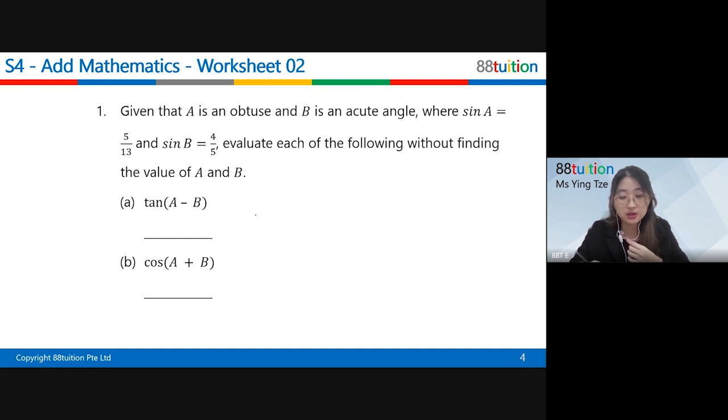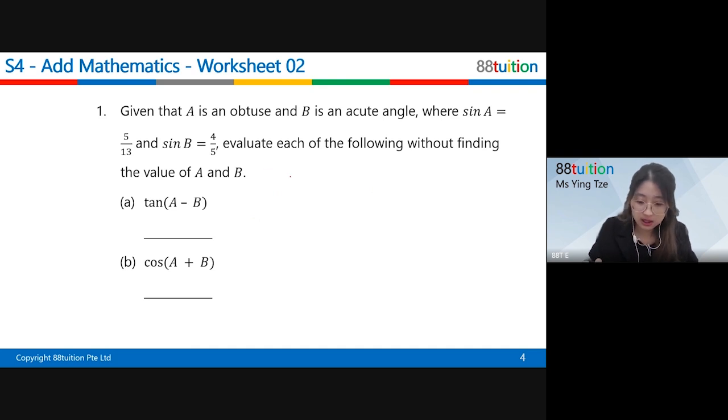Did you manage to solve? Okay, no problem. I will go through it also. Negative 0.01, I don't think so. Okay, wait. Let me go through part A.